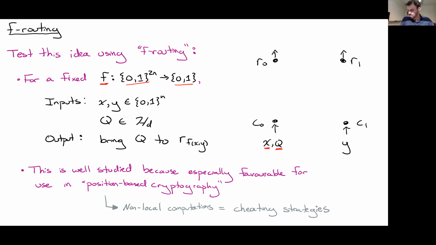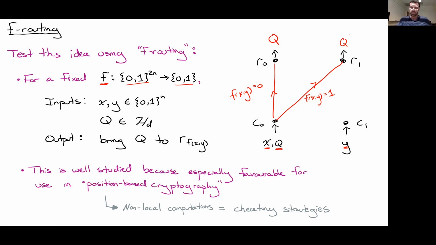On the right, we get a string y, also of length n. The output is: I want you to bring Q to the side labeled by F. So if F evaluated on the inputs x and y is 0, you should bring Q to the left. And if F evaluated on x and y is 1, you should bring Q to the right.